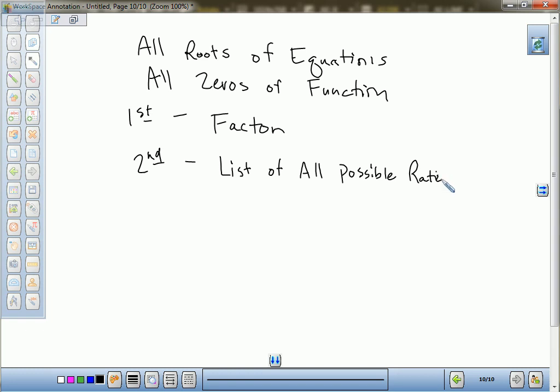Now, if I gave you this on a no calculator, and you couldn't check them by looking at the graph, then you could plug in those possible rational roots into your equation. And what do you get out if it actually is a rational root? 0, okay?